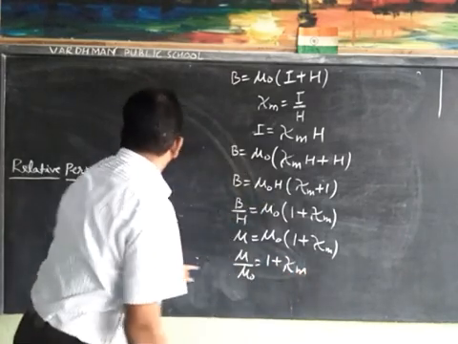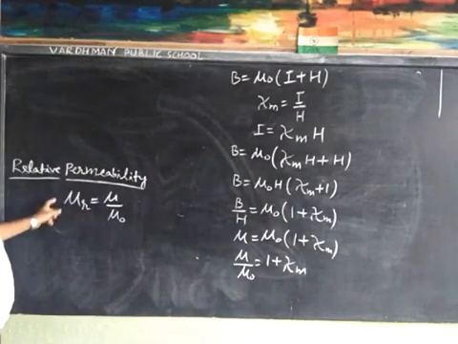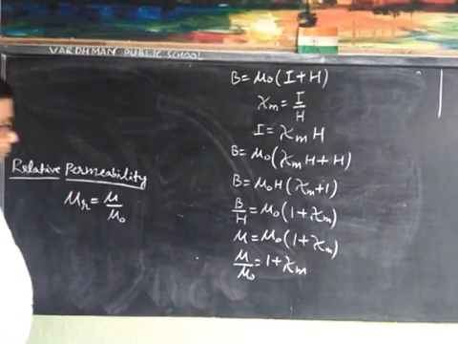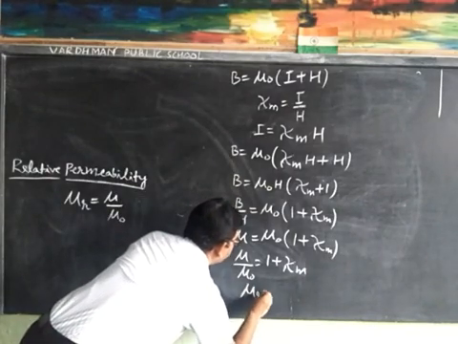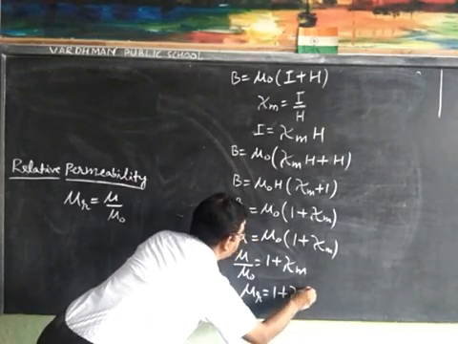Mu upon mu 0 is the relative magnetic permeability. Therefore mu r is equal to 1 plus chi m.